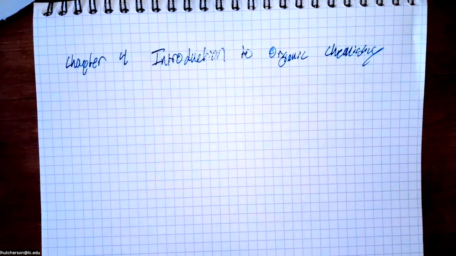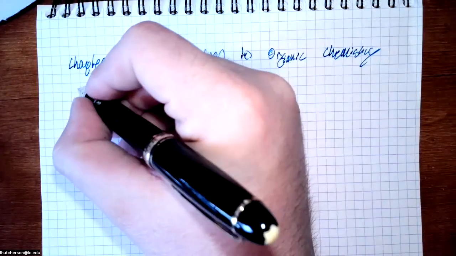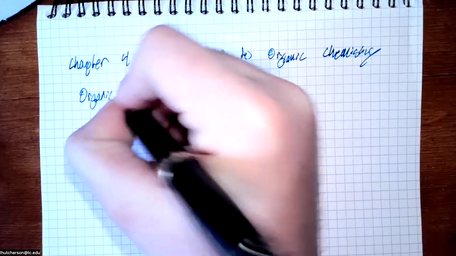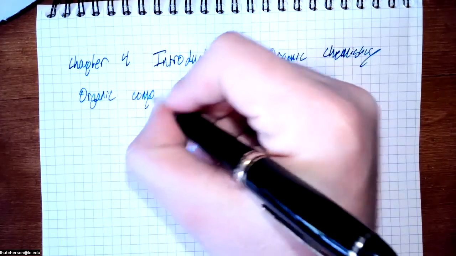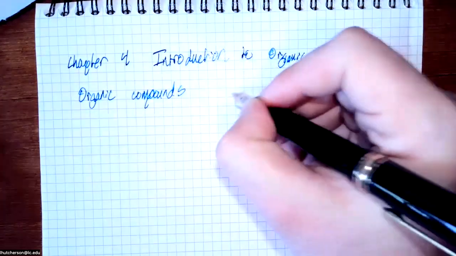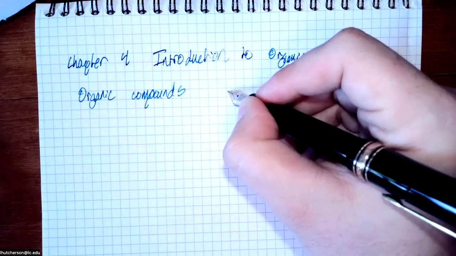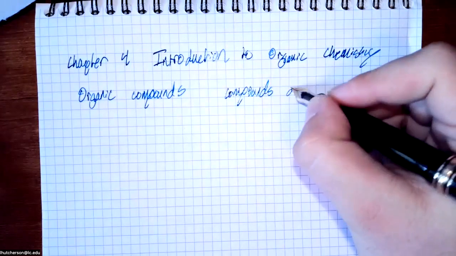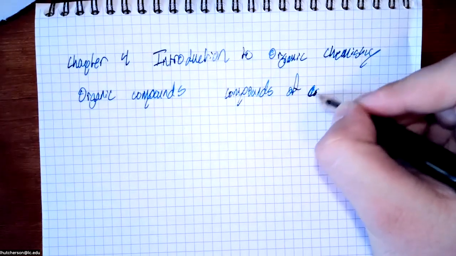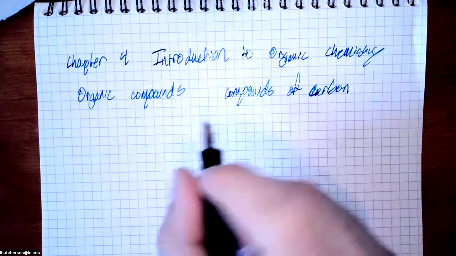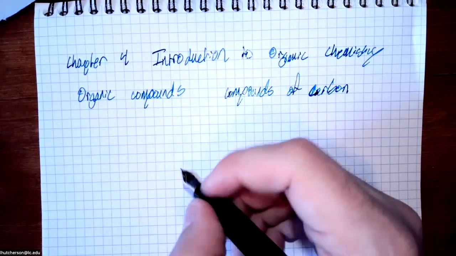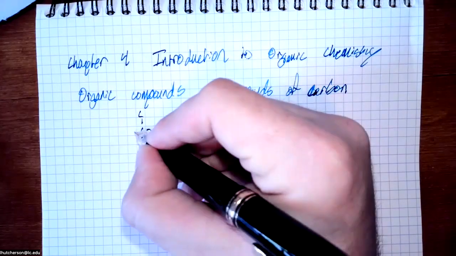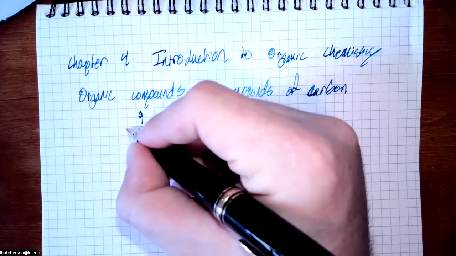Now, just as a little bit of background on this, organic chemistry is concerned with organic compounds, or sometimes we will say compounds of carbon. Now, if you will remember from chapter 3, we established that carbon can form 4 bonds.